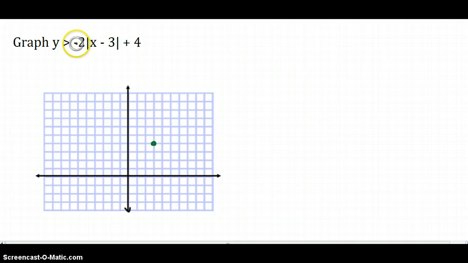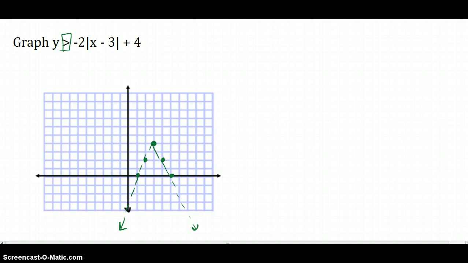I know that's going to be flipped because I have a negative, and the slope is going to be 2. So I have to go down 2 and over 1, down 2 over 1. This is going to be a dotted line because there's no or equal to, so it is a dotted V.